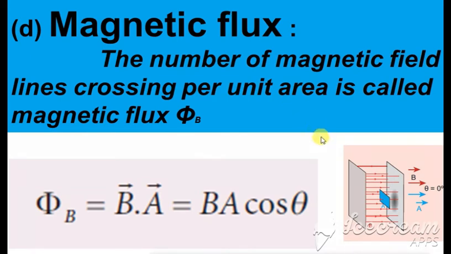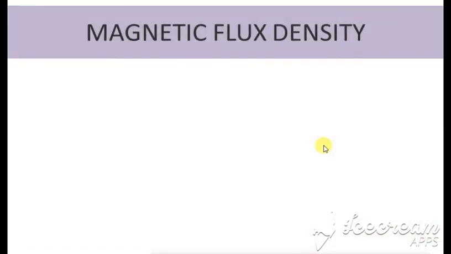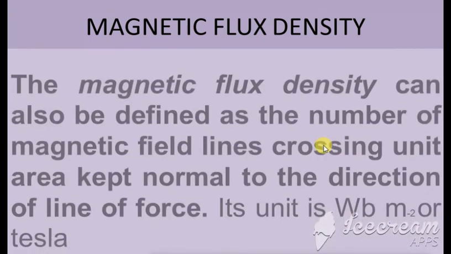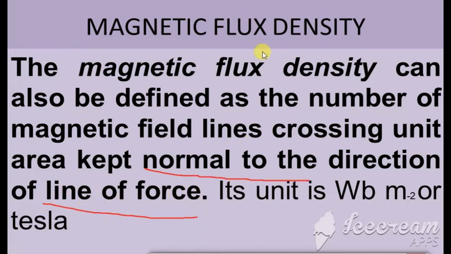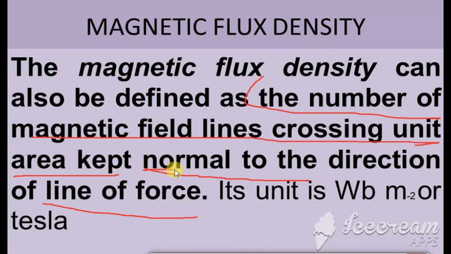Then the next one is the magnetic flux density. What is meant by magnetic flux density is the number of lines crossing a unit area which is kept normal to the direction. It is the same definition, the number of magnetic lines crossing the unit area, but here it is kept normal to the direction, and that is called the magnetic flux density.